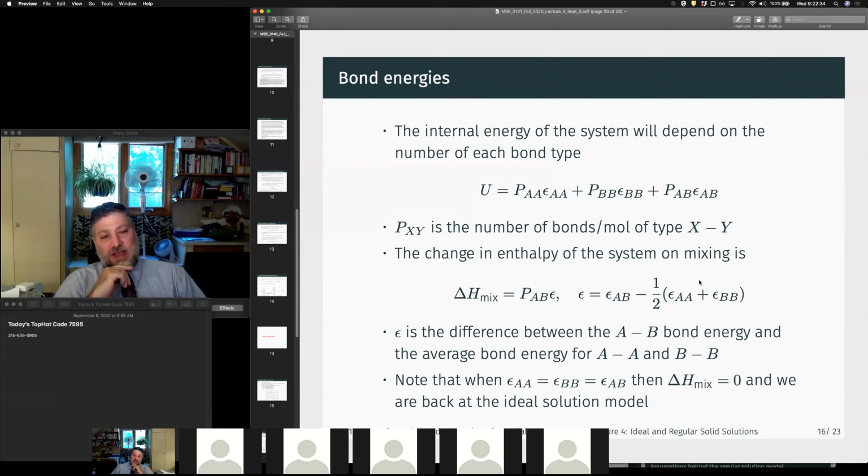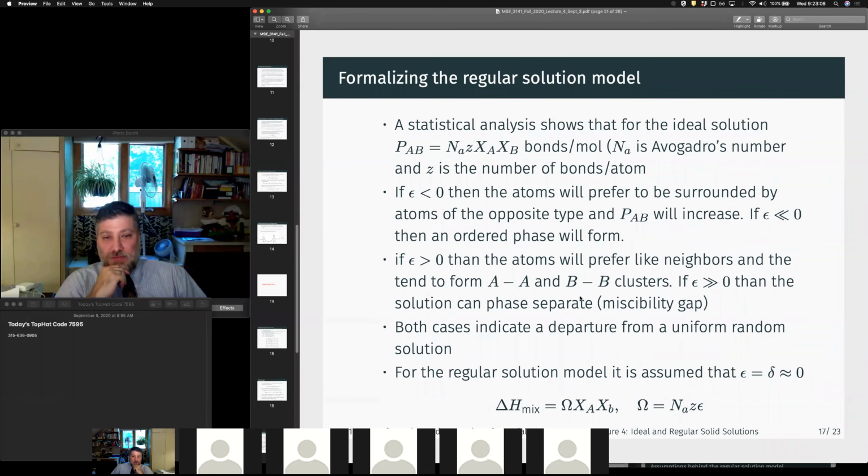You can think of this as a mean energy, and then this becomes a deviation from a mean: how different the energy of the dissimilar bonds is from the average energy of the same type bonds. So if all of these have the same bond energies, then obviously epsilon goes to 0, and our delta H mix goes to 0, and we're back to an ideal solution model.